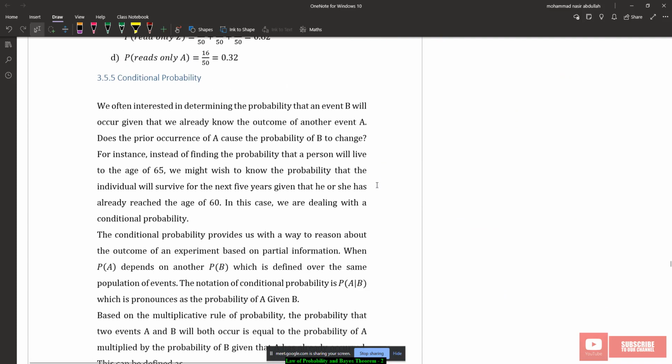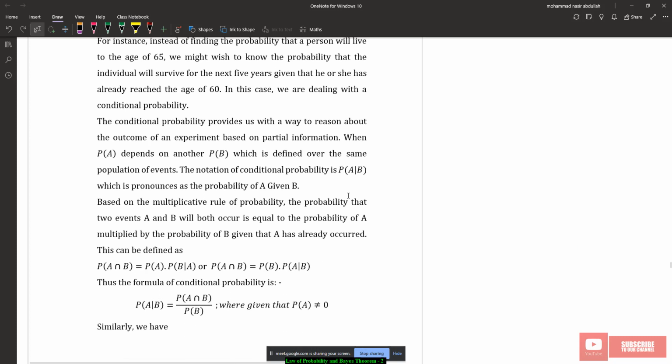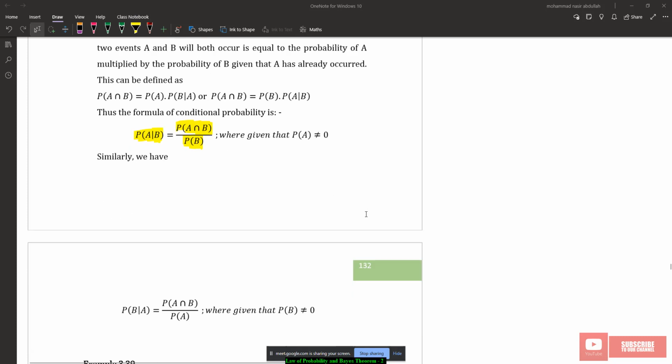Conditional probability. As I said just earlier, the formula for conditional probability is probability of A given B equal to probability of A intersect B divided by probability of B, right? Probability of A cannot be 0, and probability of B also cannot be 0.